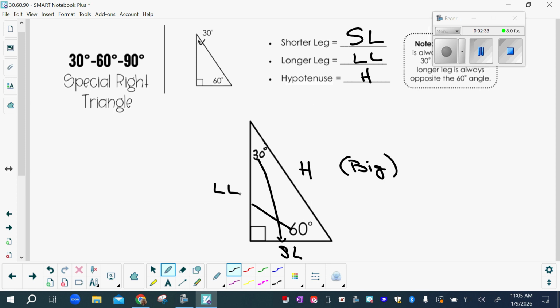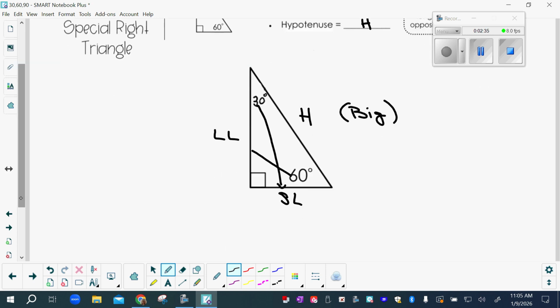So what I need you guys to know is this. Our home base on this problem, this is the short leg. We are going to be bumping around different parts of this triangle, but we will always go through short leg town. We will never, ever not. Like, I'm either going to go here to here, or here to here, or maybe I'll go back here to here, or here to here.